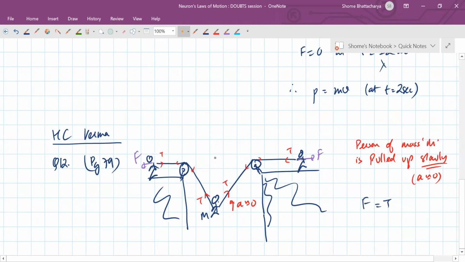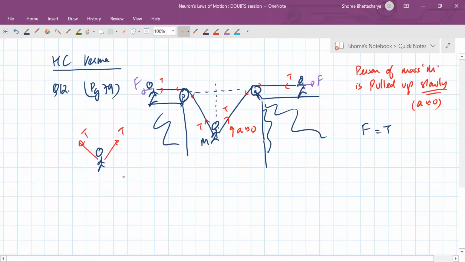And you can see in his free body diagram, there is tension acting like this, there is his weight acting like this.